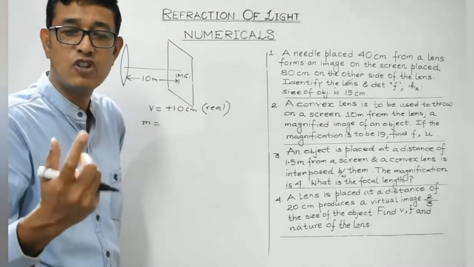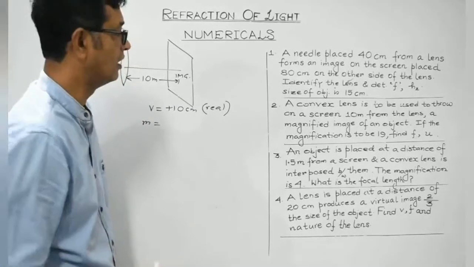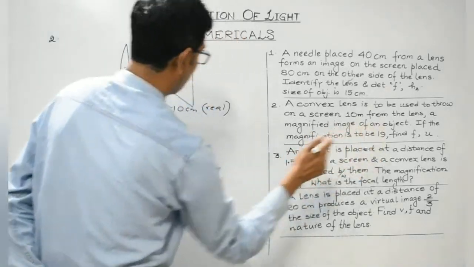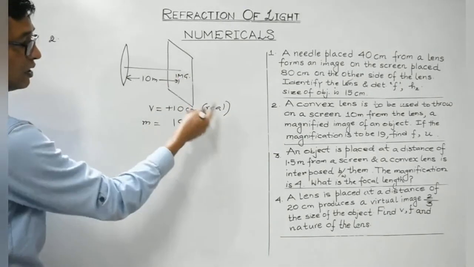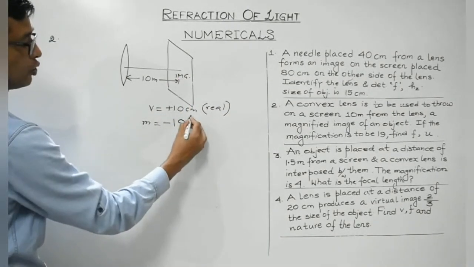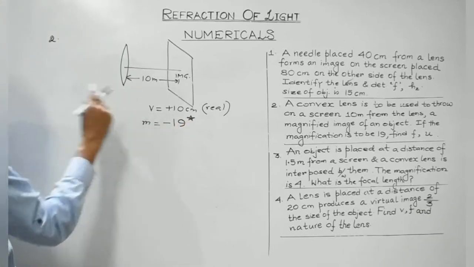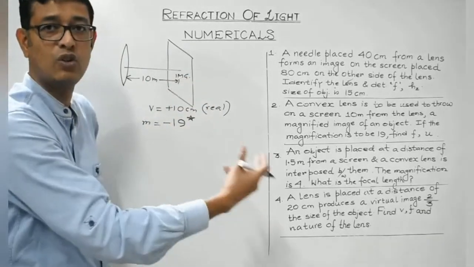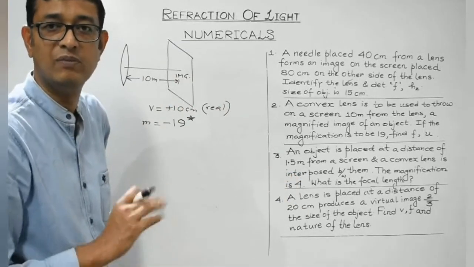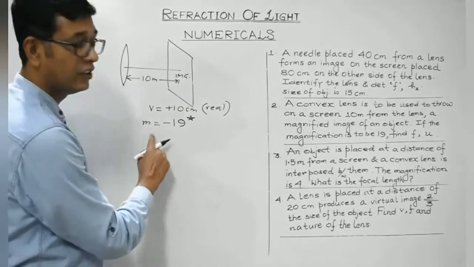For an erect image, linear magnification is positive. Here, the magnification is 19. But since the image is real and inverted, it is to be assigned a negative sign. This is very important. If you forget to assign this negative sign, the entire numerical will go wrong. You will waste your time.